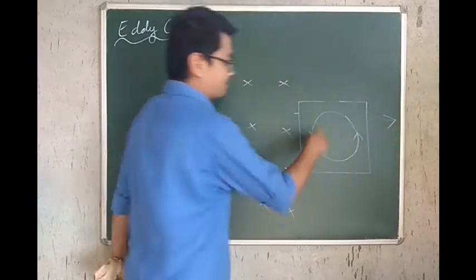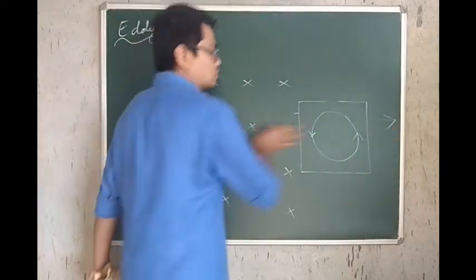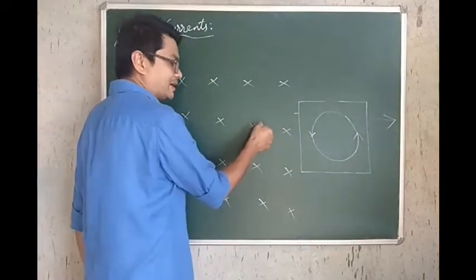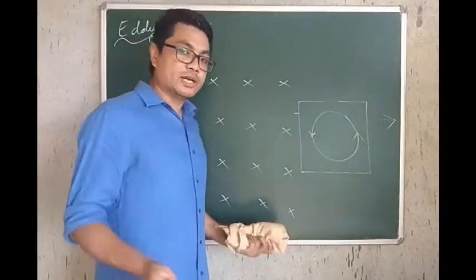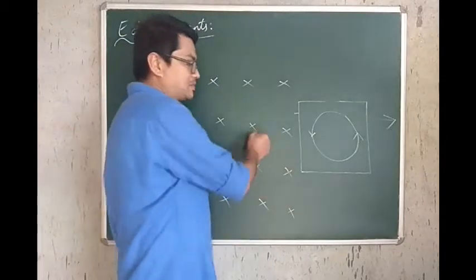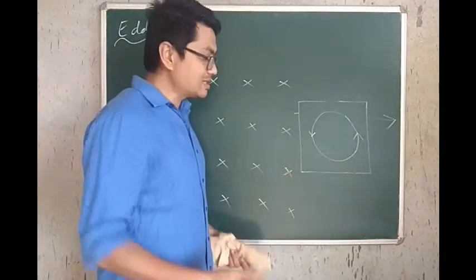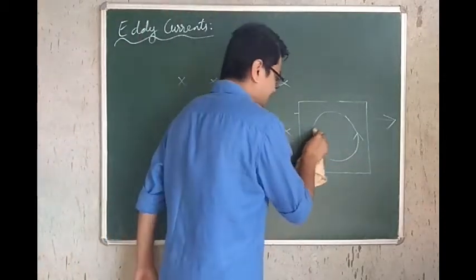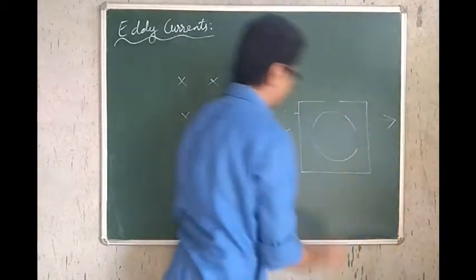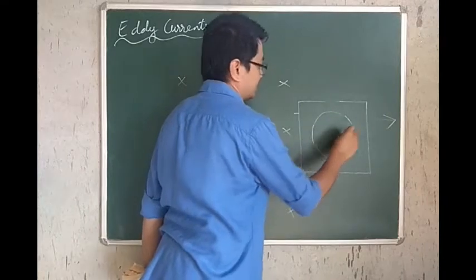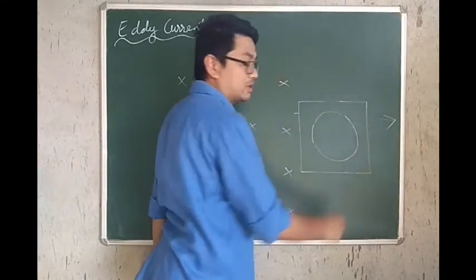Okay, likewise say this metallic plate is now taken out of the magnetic field. It is inside the magnetic field, and I want to take it out. So what happens? Again, there is a change in magnetic flux from something to nothing. Since there is a change in magnetic flux, current obviously will be induced. The direction of the current will be such that it wants to oppose the decrease in magnetic field, so to say.